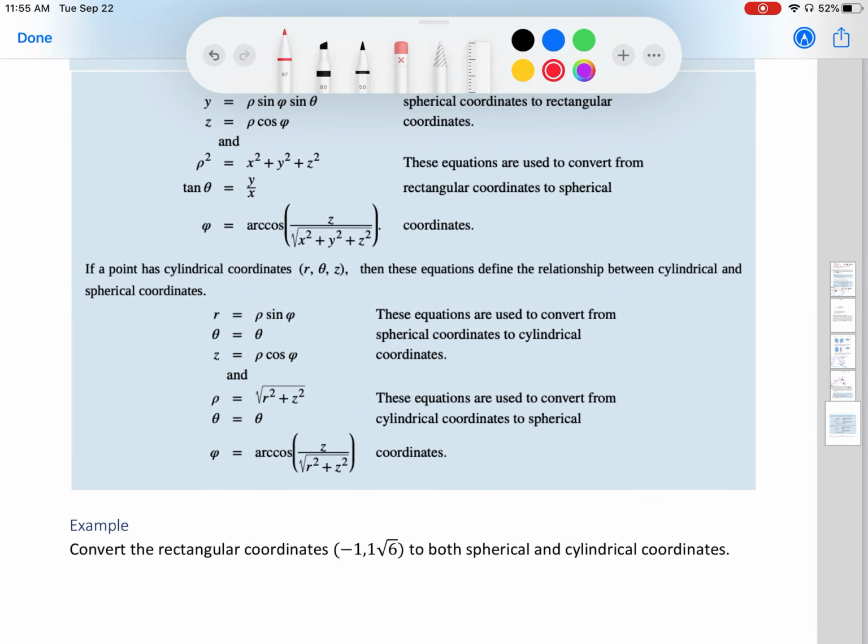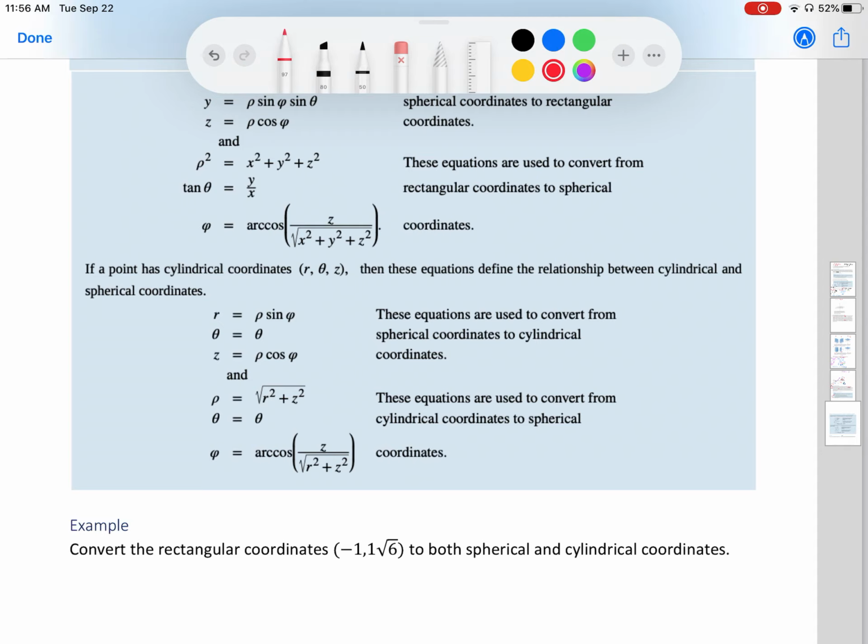If a point has cylindrical coordinates r, theta, and z, then these equations define the relationship between cylindrical and spherical coordinates. r is equal to rho sine phi, theta is theta, and z is equal to rho cosine phi.